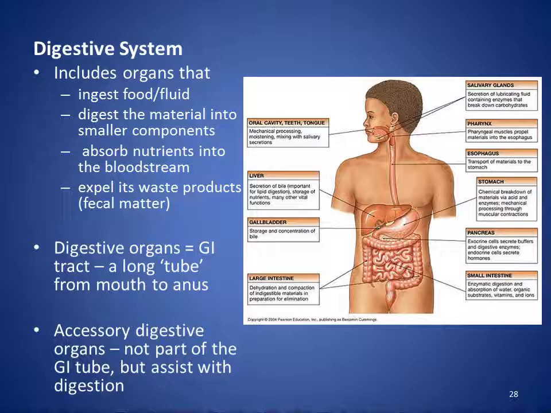The digestive organs, or GI tract, really consist of a long tube from mouth to anus, as well as accessory organs such as the liver, gallbladder, and pancreas. These organs are actually not part of the GI tube, but assist with the process of digestion.